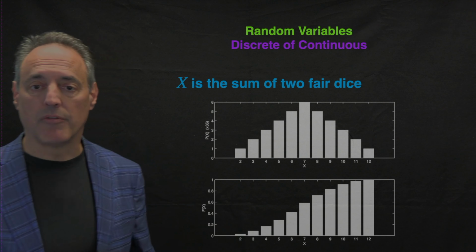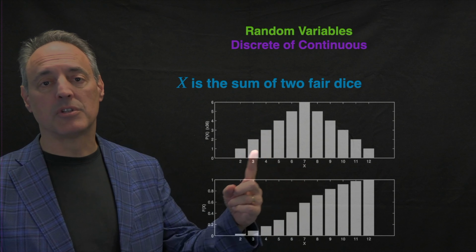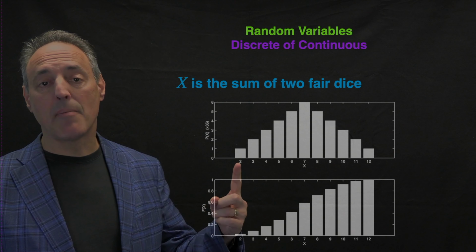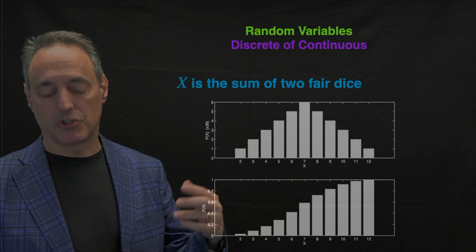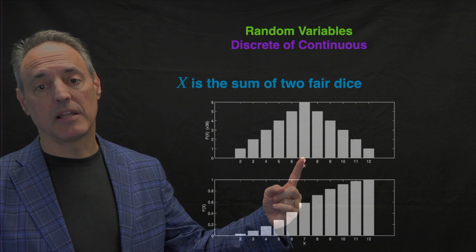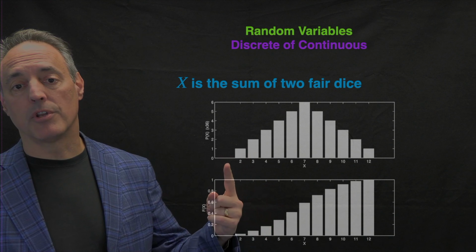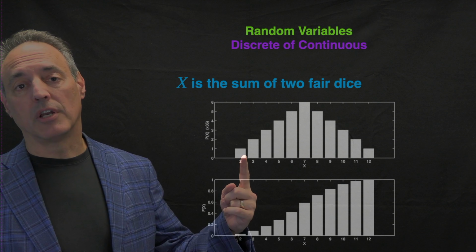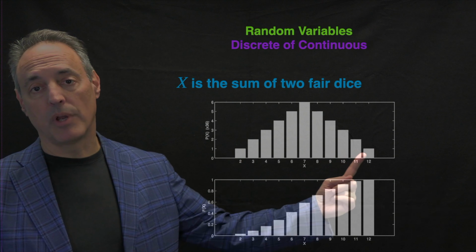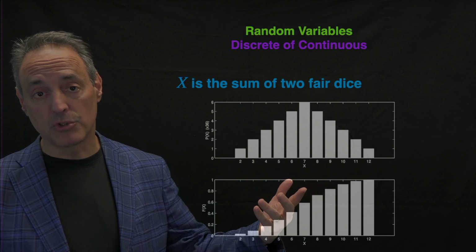From a picture point of view, I'm showing you here the distribution, the number of times this happens, the number of ways it can happen. So for instance, I already said that if you have a value of 7, there are 6 different ways this could happen, whereas there's only one way you can get 2 ones, one way you can get 2 sixes for a value of 12, and then this is the distribution.